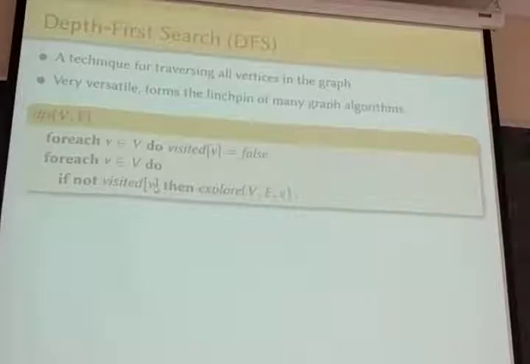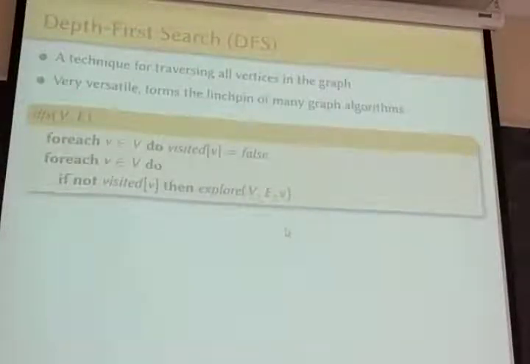Okay, so depth first search. We all know what depth first search is, but let's describe a specific algorithm for doing DFS, because that allows us to formalize certain properties associated with depth first search.